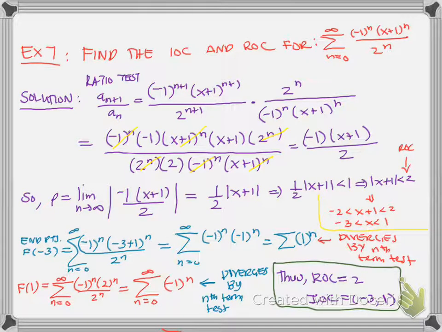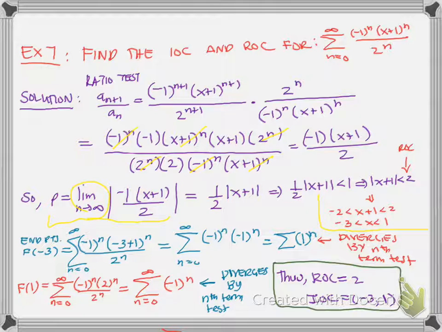Okay, by now you should have done this problem. I'm not going to go over everything; you can look to see what I did. Using the ratio test, make sure you simplify correctly. Once you simplify, you find your rho, which is the limit as n goes to infinity.